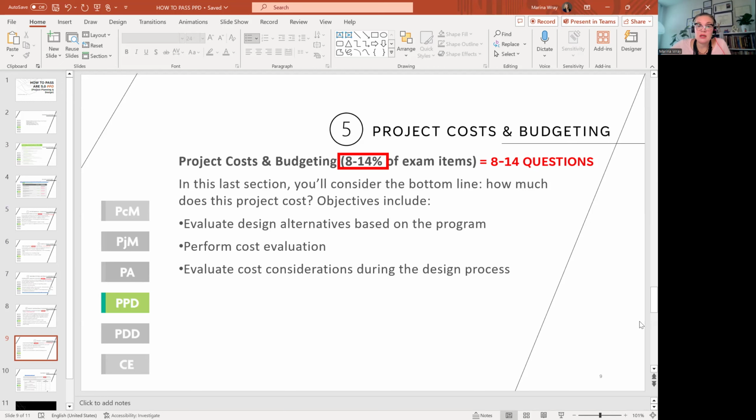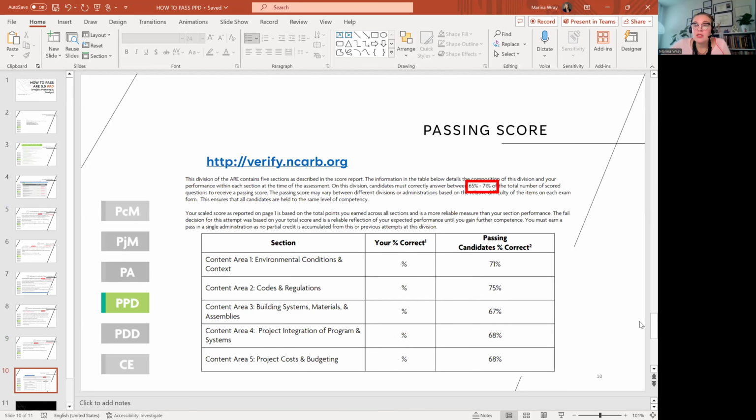So that's the cost considerations here. You need to understand how much your drafter costs, how much your project manager costs, and so on. And that was it for our sections.